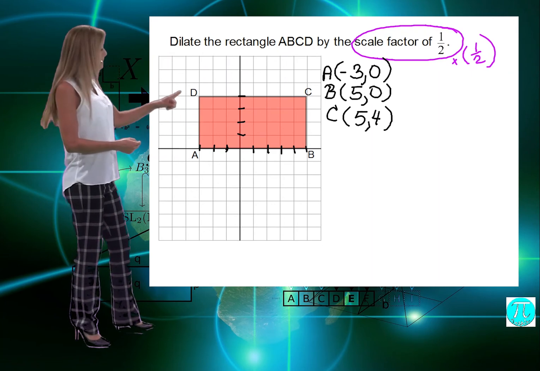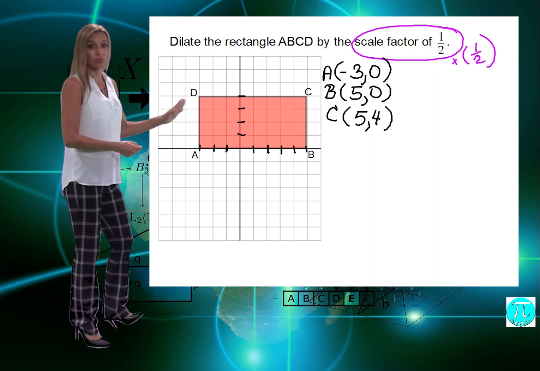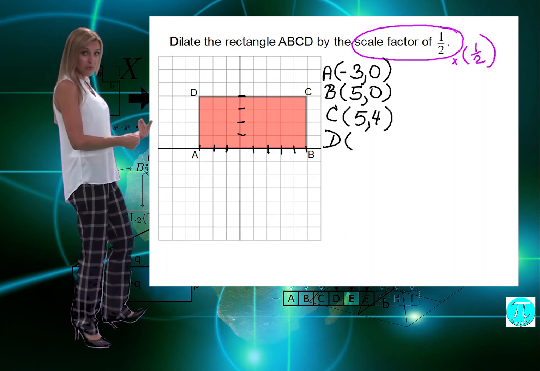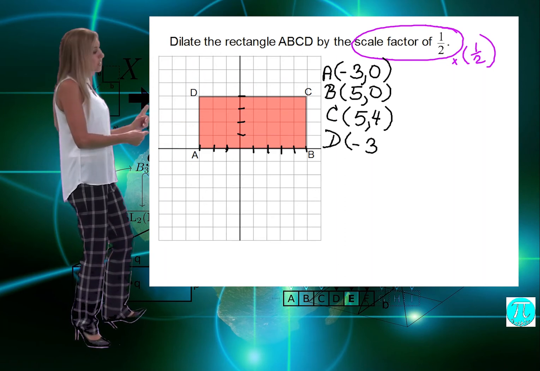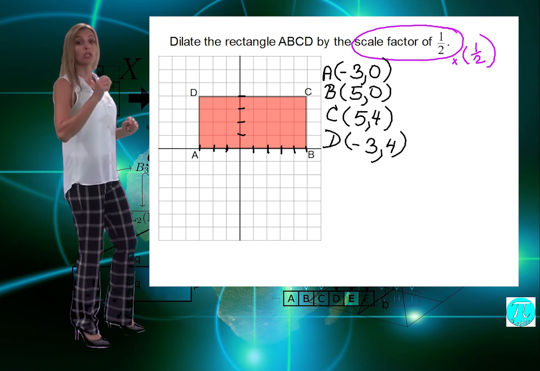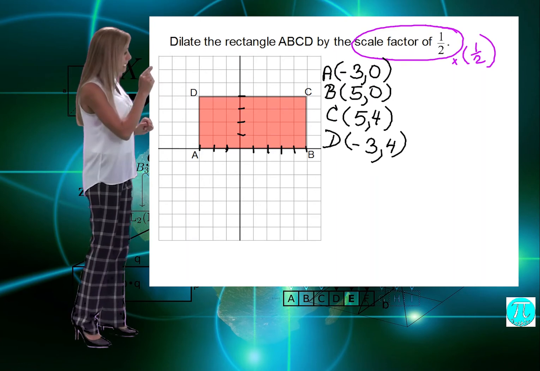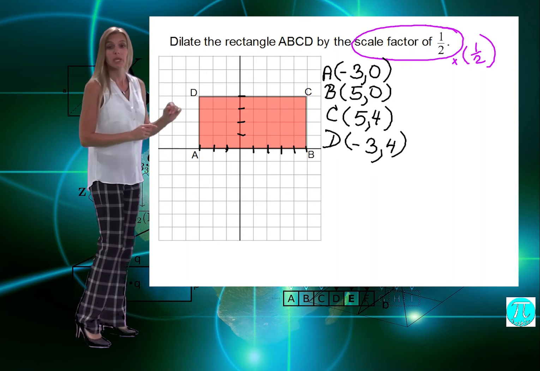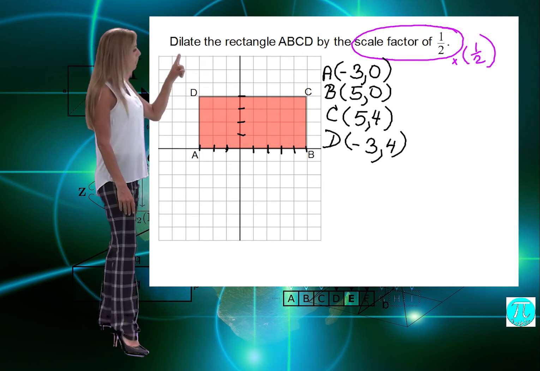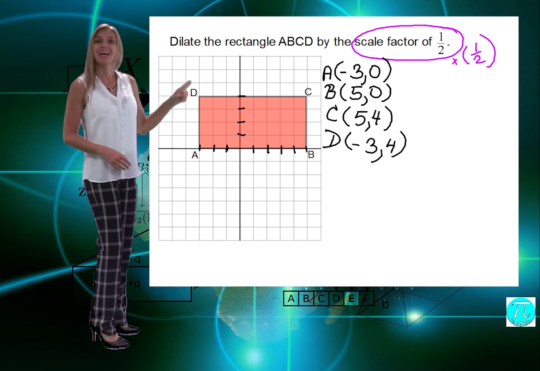And our point D, we're going to count our units. We went 3 units to the left, so it's -3. And then we went 4 units up. So those are coordinates for the rectangle A, B, C, and D. Every number that I see at this point, I have to multiply by 1/2.